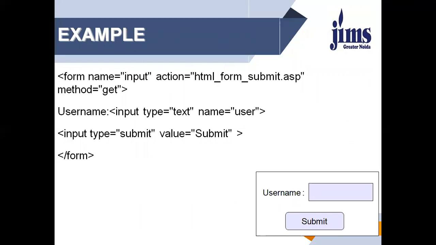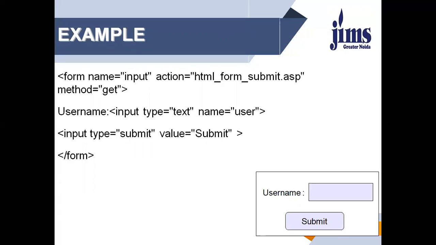Let's see one example. We have one form where we have taken input type equal to text, with username as the label, and one text box by the name user. You are asking the user to enter some name, and then you have a submit button.